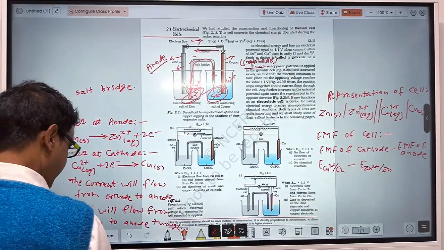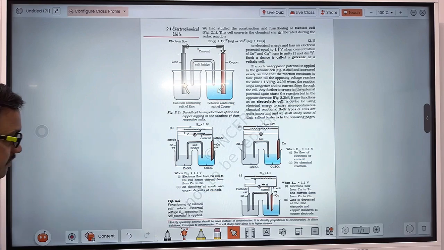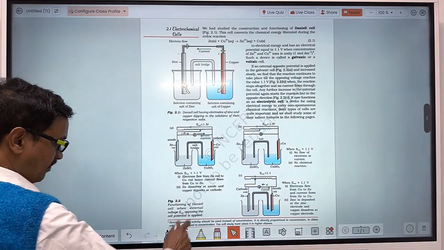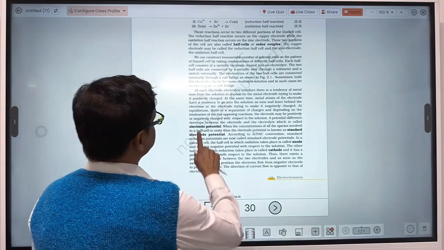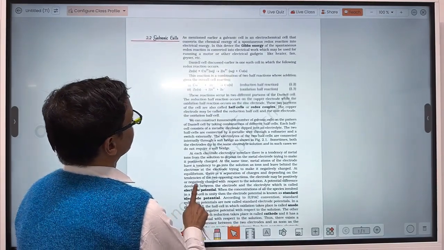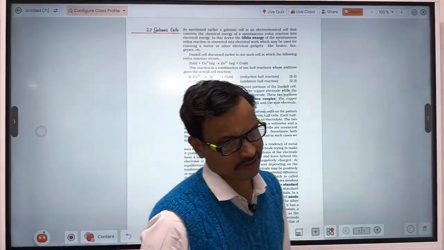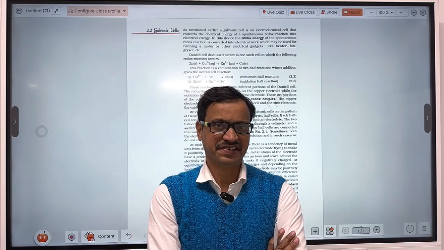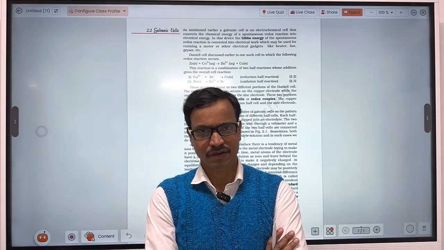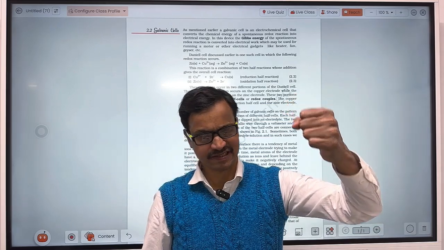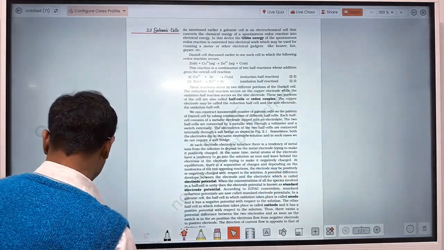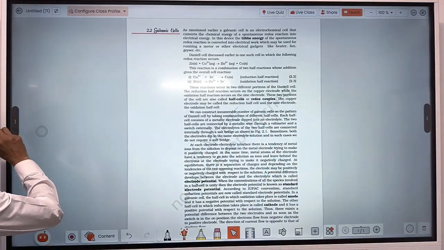Now let's see the standard EMF of the cell. To understand a standard, consider when you want to purchase 1 kg of apples.